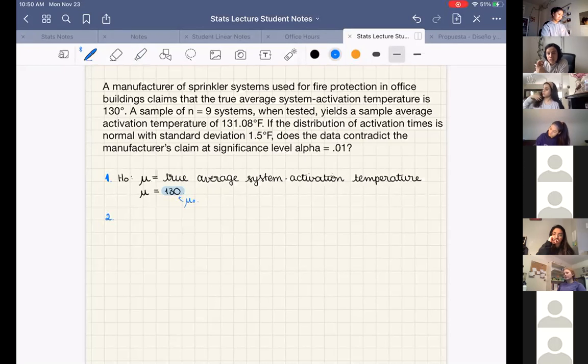Okay, Lori. Yes, it's really an odd question, but why is it in Fahrenheit? Because it should be in degrees Celsius if it's temperature, because I don't think 131 Fahrenheit is a lot. When we just start the oven, it usually starts at like 190 or something. Yes, but the sprinklers would not be in the oven.